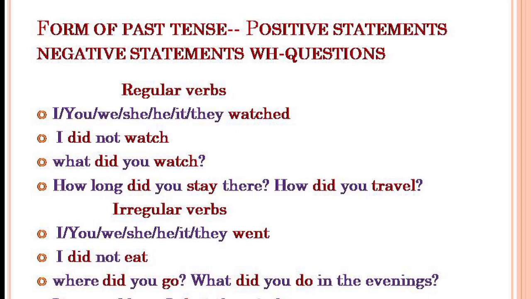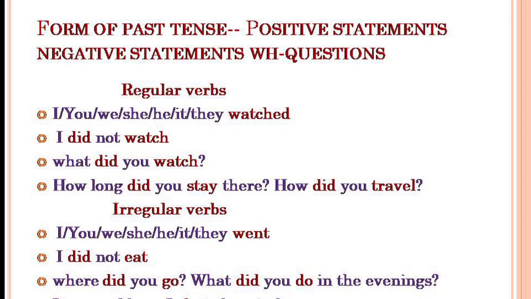I worked, you worked, he worked. Here we can see the same form is used for all persons. First person, I worked. Unlike simple present tense. I hope you remember with a simple present tense, we add s if the subject is singular or third person.